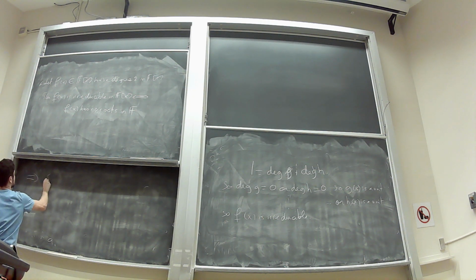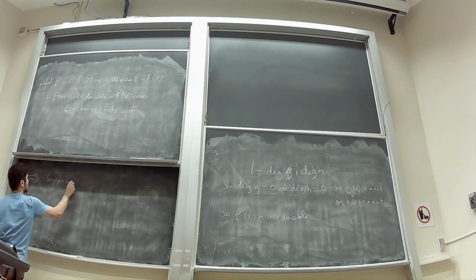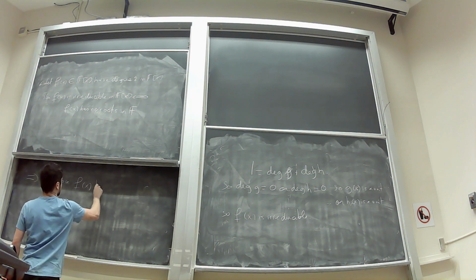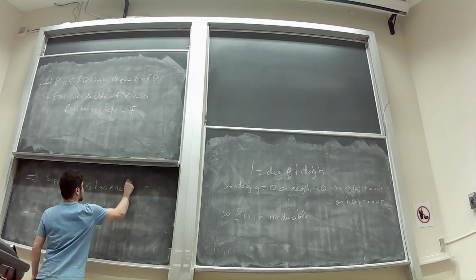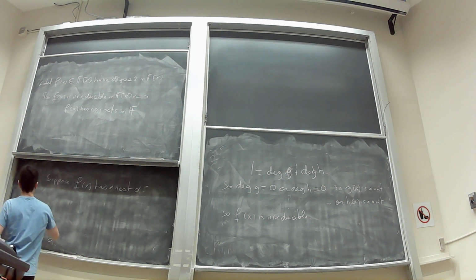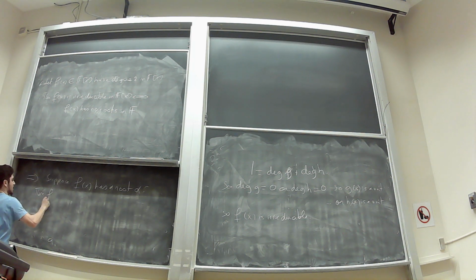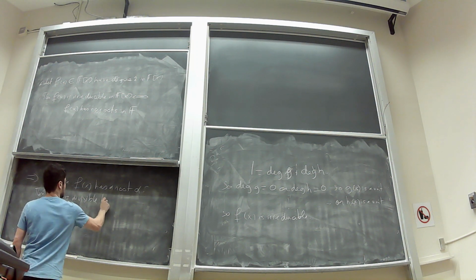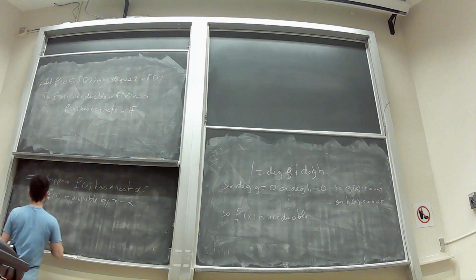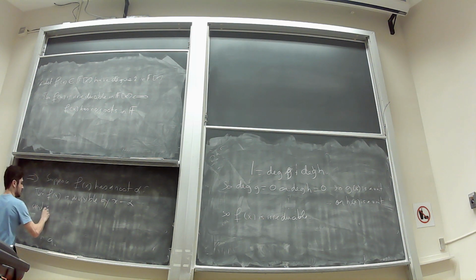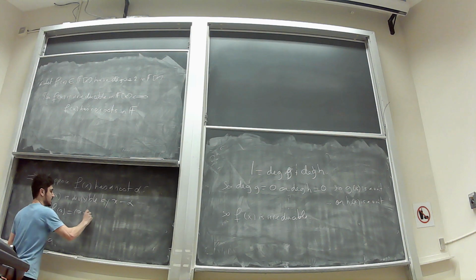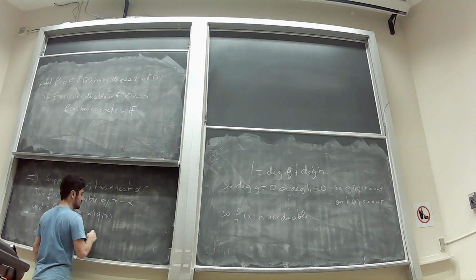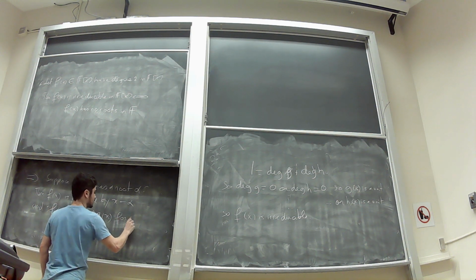So suppose f of x has a root alpha. Then f of x is divisible by x minus alpha, and hence f of x is x minus alpha times q of x for some q.